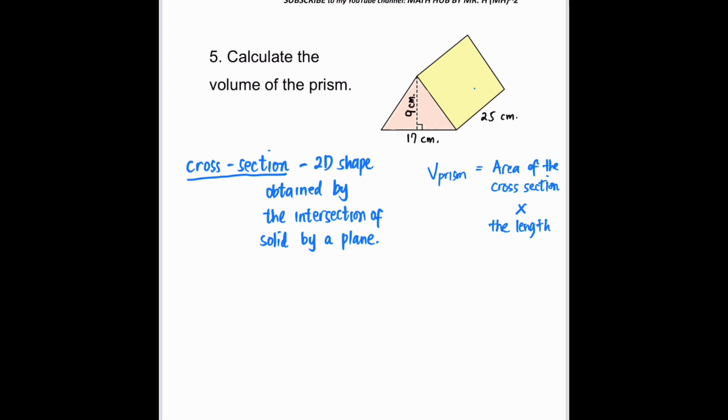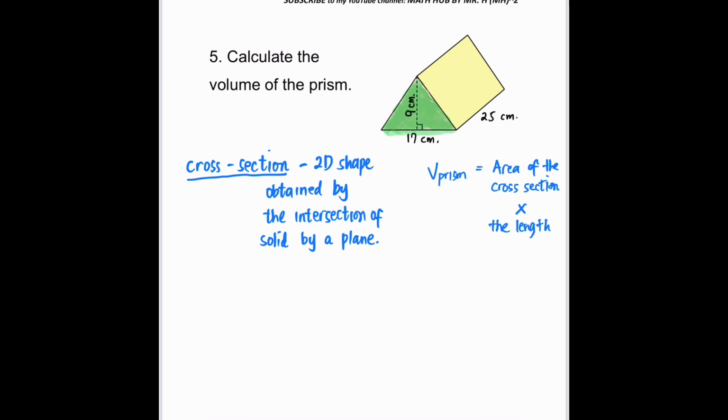Imagine if you cut this solid using a plane, say a cutter that is flat. If you cut it from here, you will definitely see this face. So the cross section is actually this one. I'm coloring it green. That is the cross section.